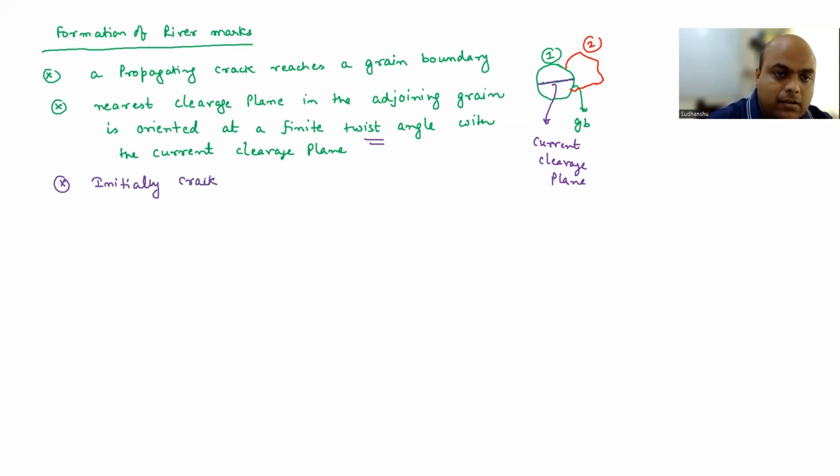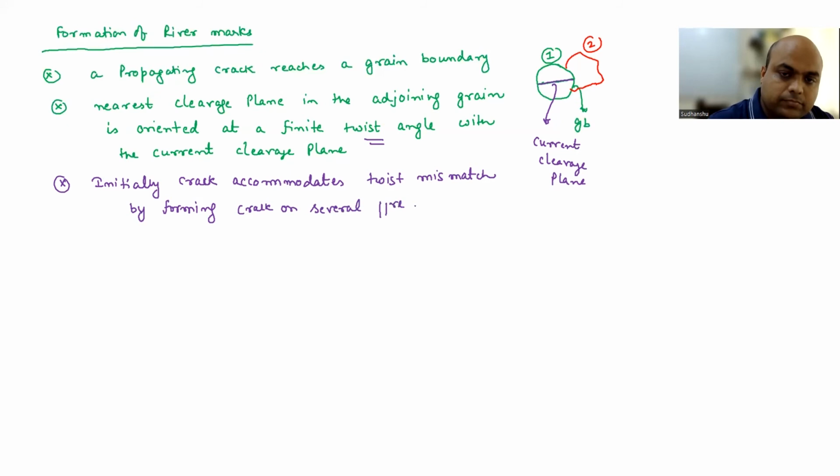So initially, the crack accommodates this twist mismatch by forming cracks on several planes. Okay, and as these cracks on the several planes grow, they join by tearing between the planes.